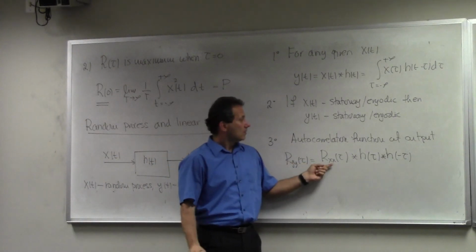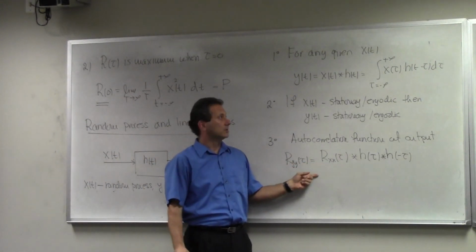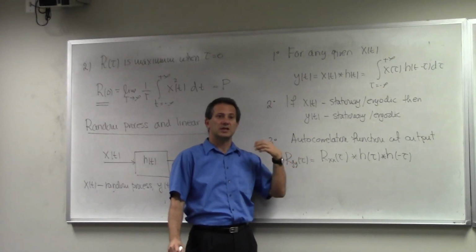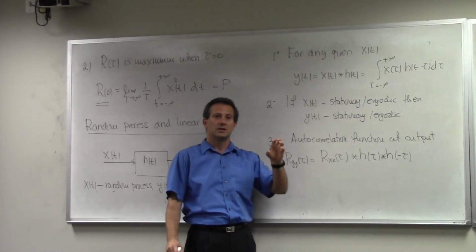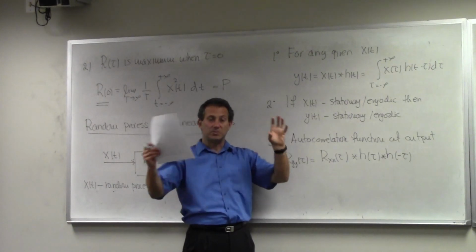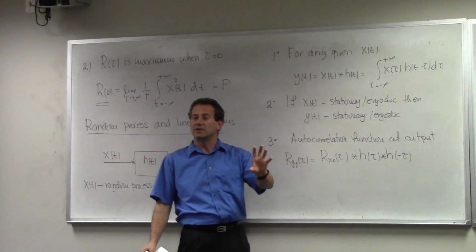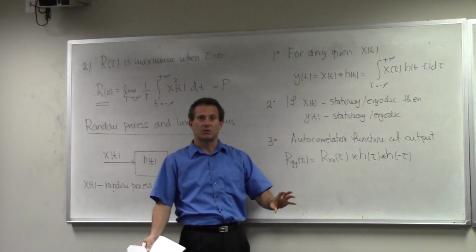significance of this? Well, autocorrelation function, the way we define it, is characteristic of a process as a whole. It tells us something about speech signal, all of speech, not this particular realization, but the process as a whole.